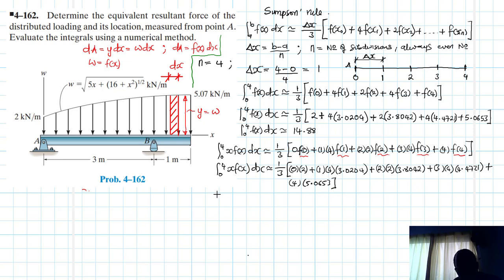So this is what we have, and therefore this gives us 101.2248 divided by 3. And then when we divide by 3, this gives us 33.7416. All right.